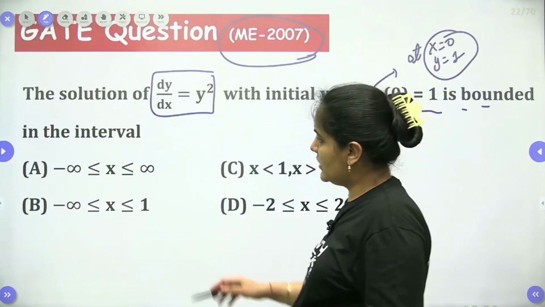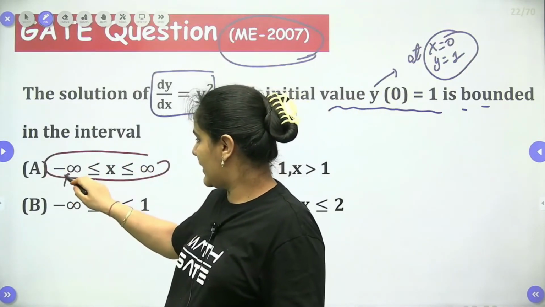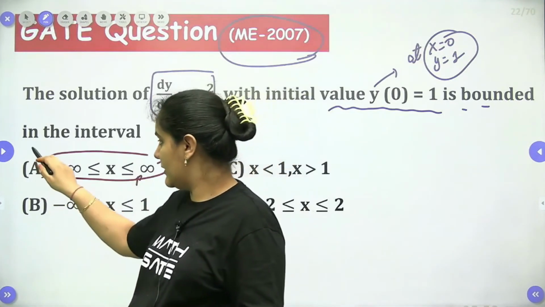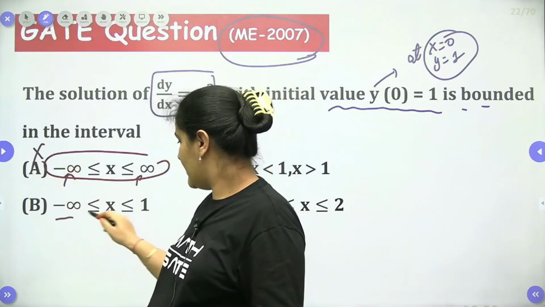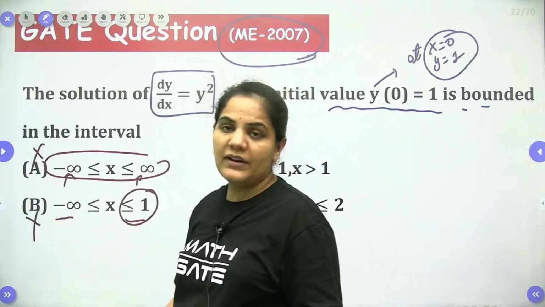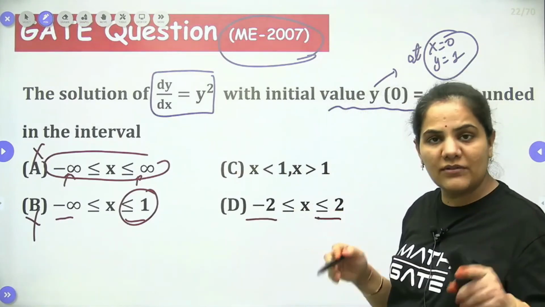Now the question is talking about the options. In the first option it is between minus infinity to infinity. Here x is equal to 1 is always there, so it will not be the right answer. Minus infinity to 1, again you are including 1, so it will not be the option. Between minus 2 to 2, the 1 is always there.